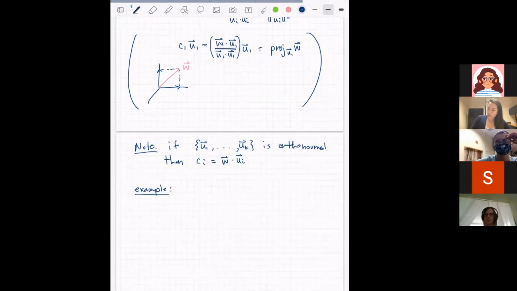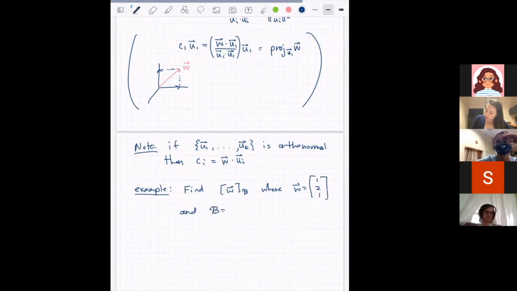So in this question we're asked to find the coordinate vector where W is equal to (1, 2, 1), and this basis is (1, 0, 1), (-1, 4, 1), and a third vector.